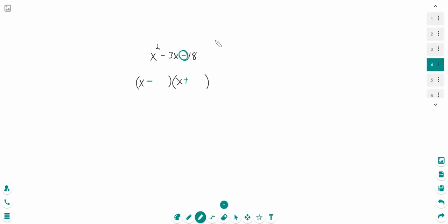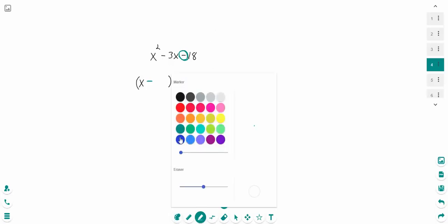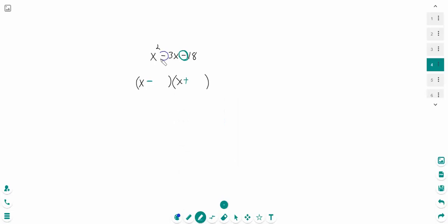Okay? Now, this other sign, since that's kind of the step we took last time, does still give us a clue. That sign will go with the larger factor. All right. Look at your notes.